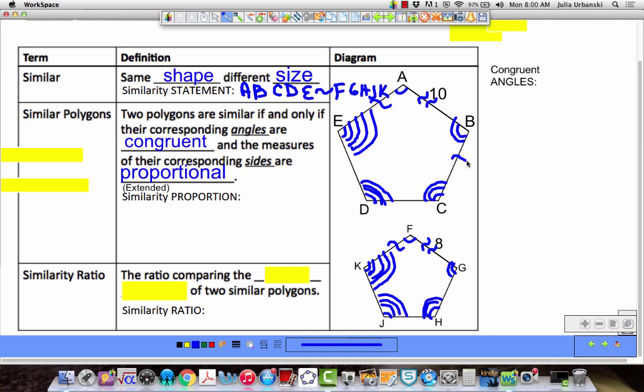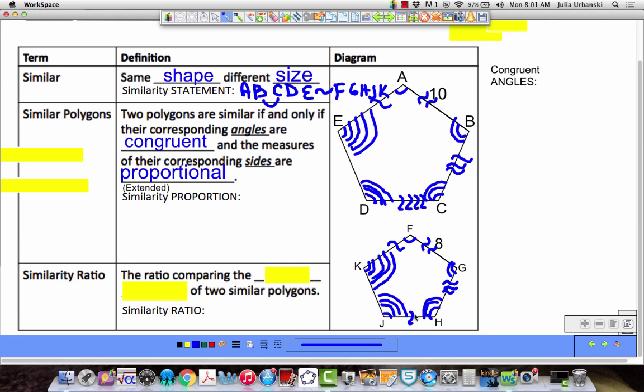And then this one, BC, would get 3 of them. And BC goes with which one? GH right there. Okay, so those are markings that you need to know throughout the rest of this chapter. They show that the sides are not the same, but they go together.